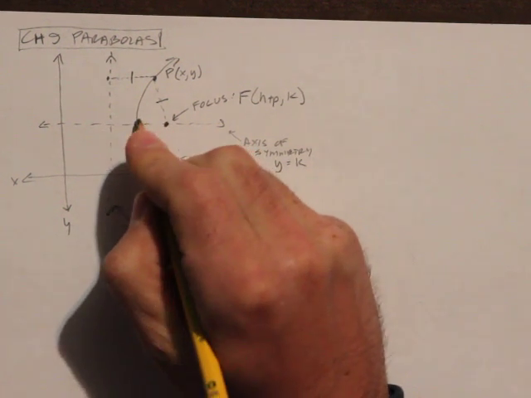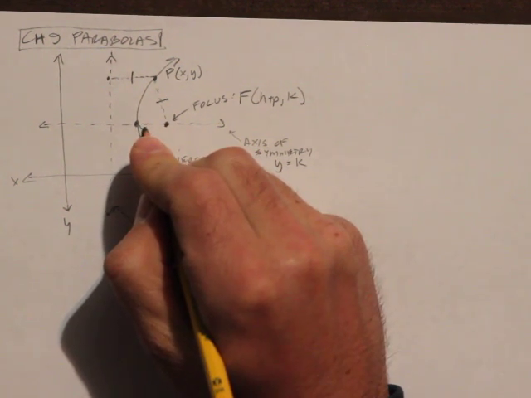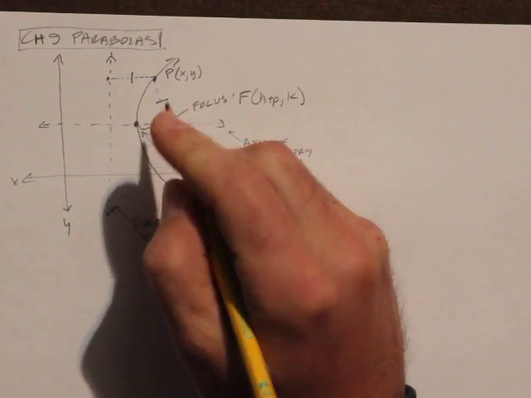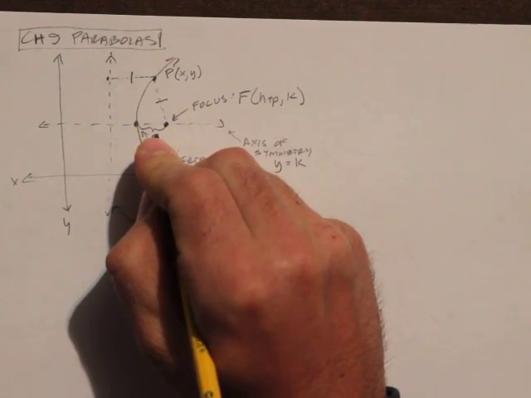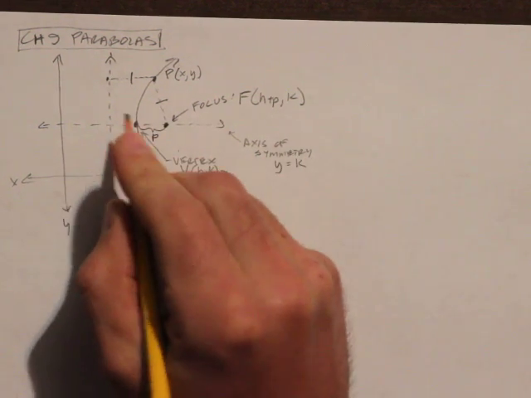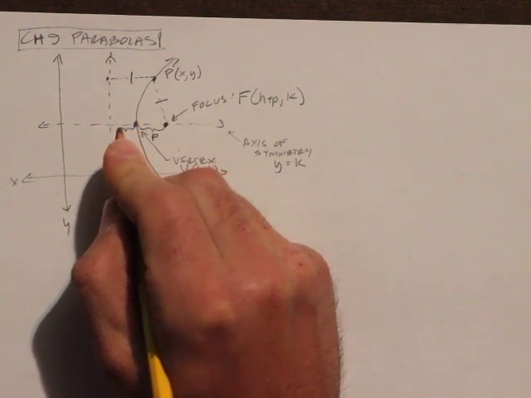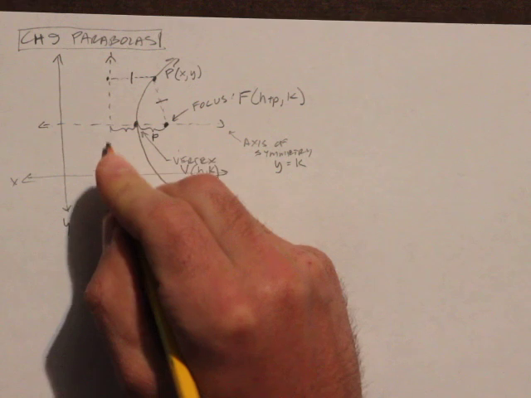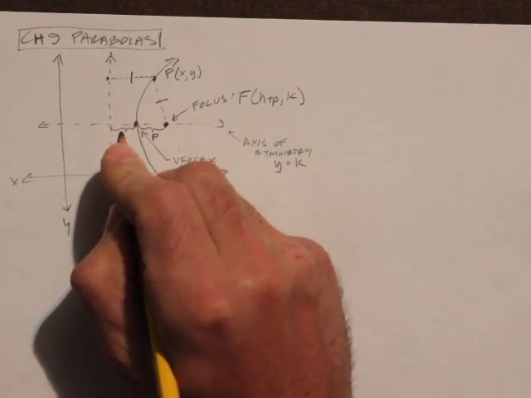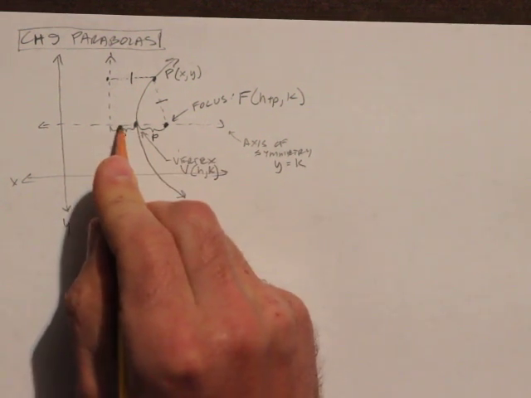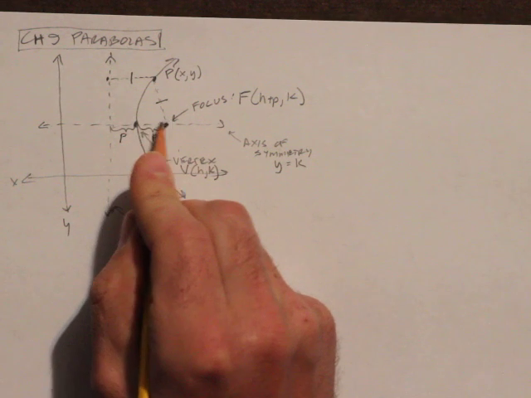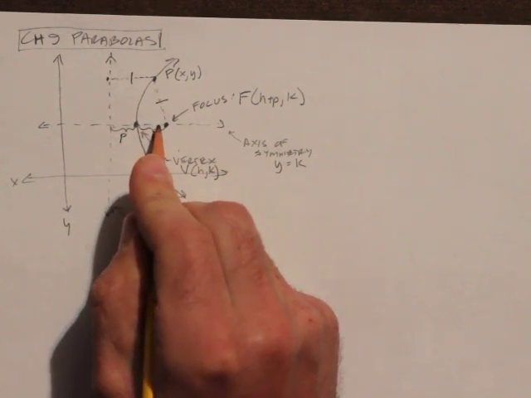Now, this distance from my vertex to my focus is lowercase p, and the distance from my vertex to my directrix is also lowercase p. So this distance from here to here is the same as this distance from here to here.